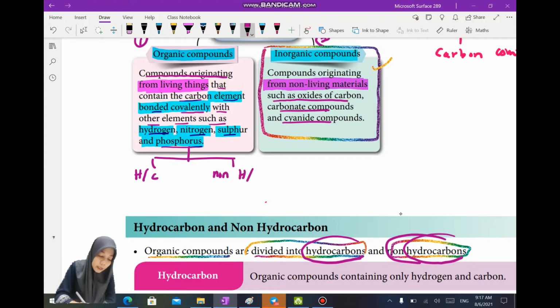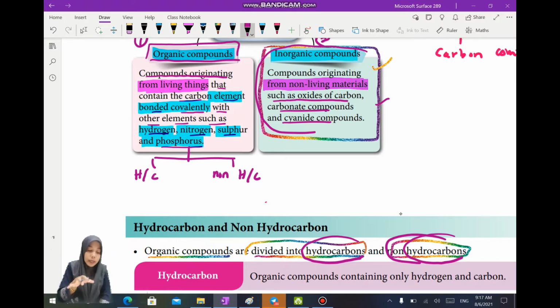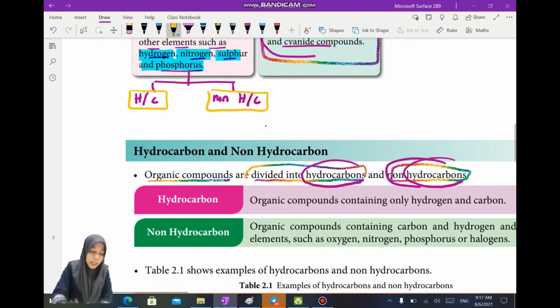Yang ni kamu just tahu maksud and then kamu boleh tinggal tepi dulu. Organic compound divided into 2, iaitu hydrocarbon and non-hydrocarbon. Okay, jom kita tengok.